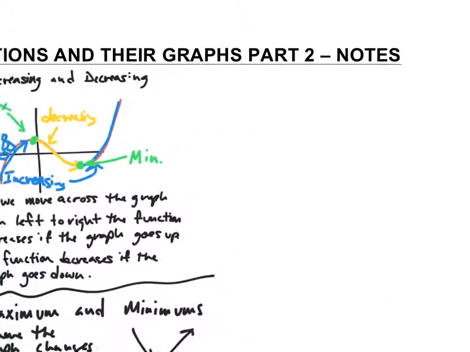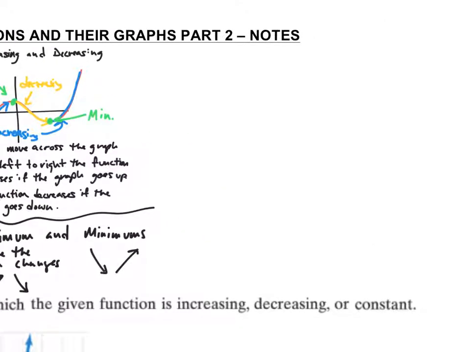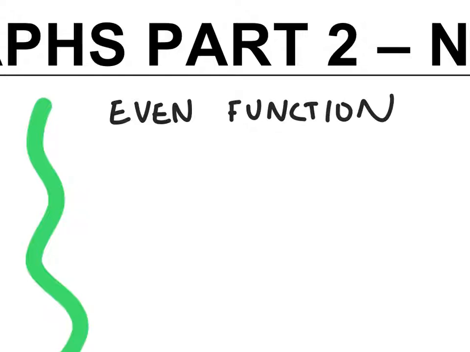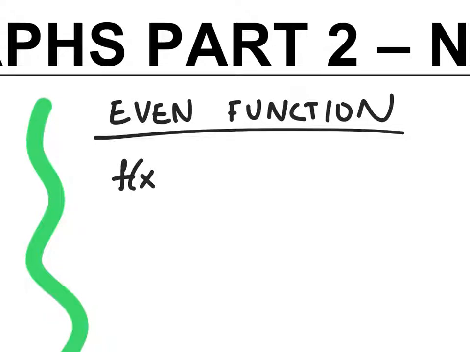Okay, so let's talk about even and odd functions. All right, so a function is even. Let's talk about even functions first. I'm going to give you an example of an even function. f of x is equal to, say, x squared plus 2, okay?